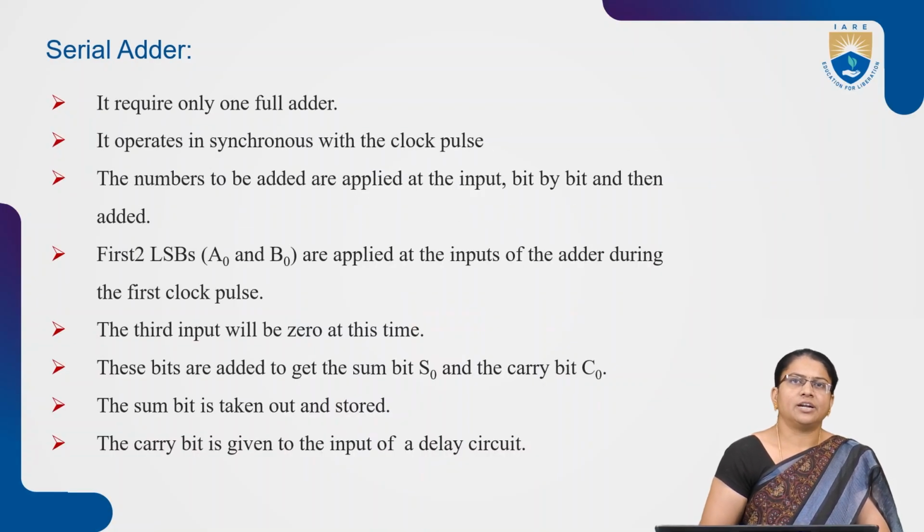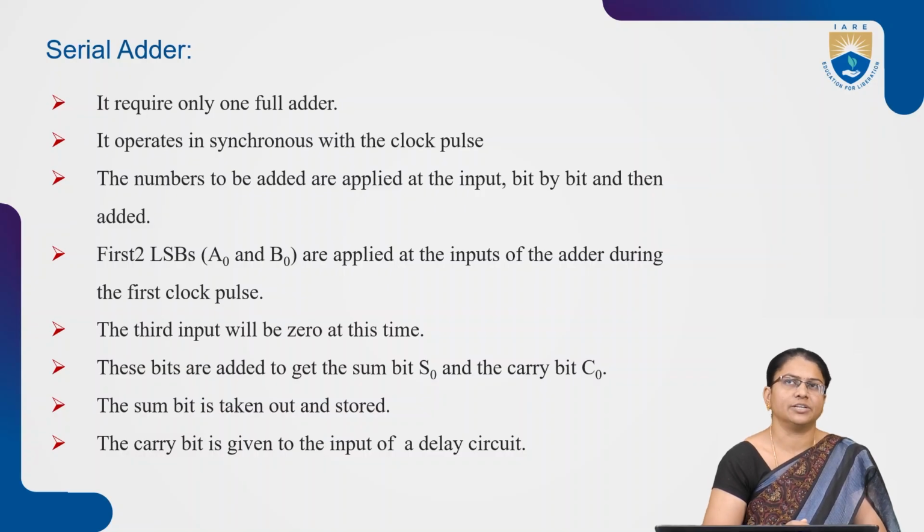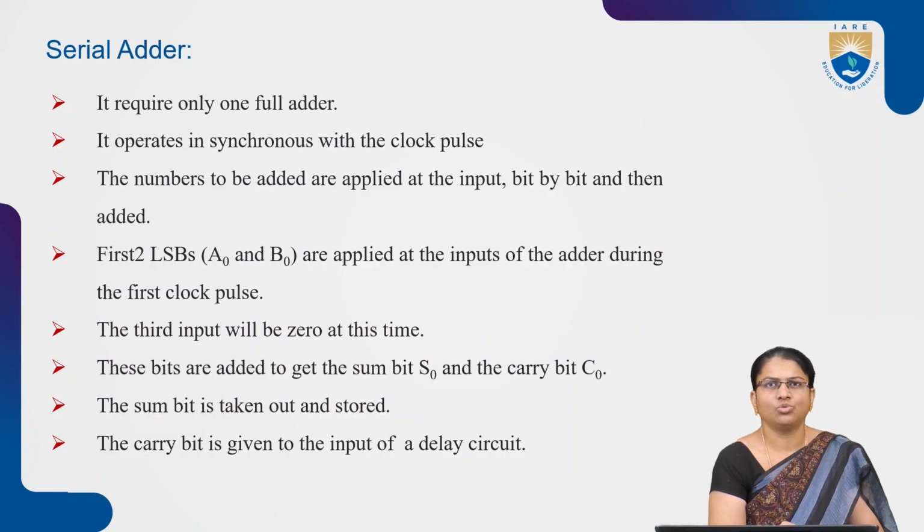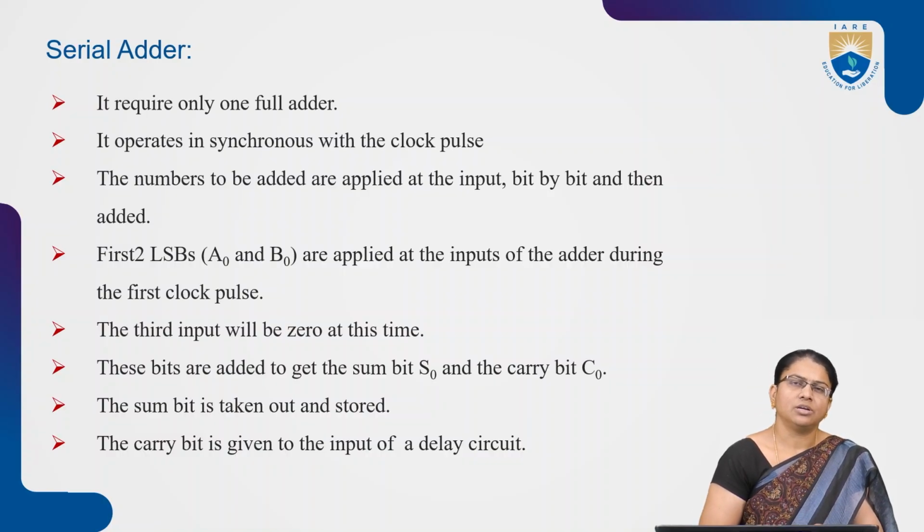In the case of a serial adder, it requires only one full adder with a delay circuit, and it operates synchronously with a single clock pulse. When there is a clock pulse to this full adder circuit, it generates the output of the corresponding operation, the sum as well as the carry, right? The numbers are applied to the input bit by bit, so we are not giving the bits directly to the full adder.